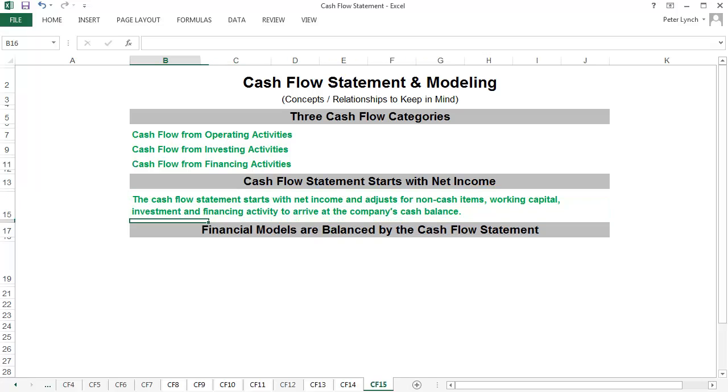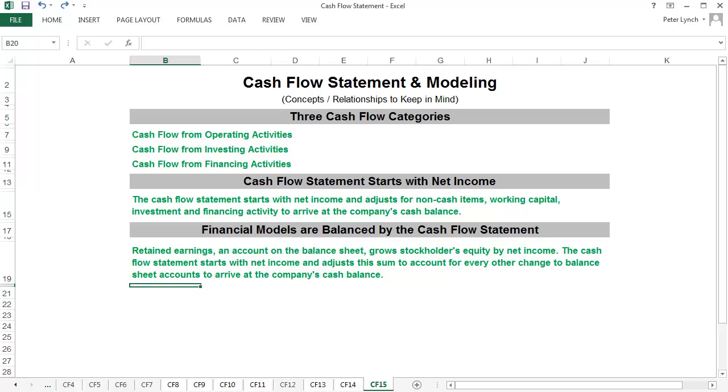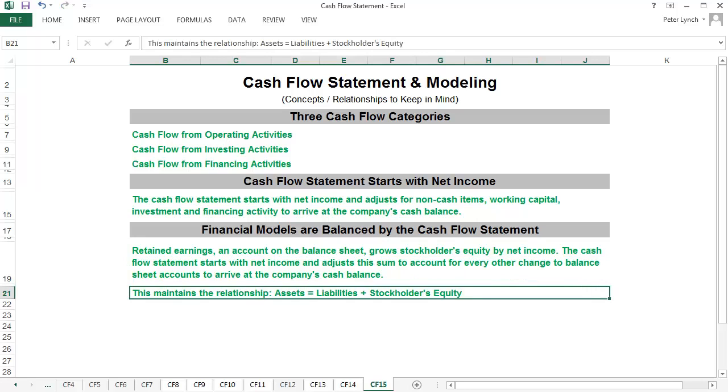And finally, that financial models are balanced by the cash flow statement. Retained earnings, an account on the balance sheet, grows stockholders' equity by net income. The cash flow statement starts with net income and adjusts this sum to account for every other change to balance sheet accounts to arrive at the company's cash balance. In this way, cash acts as a plug in financial models to maintain the accounting equation.